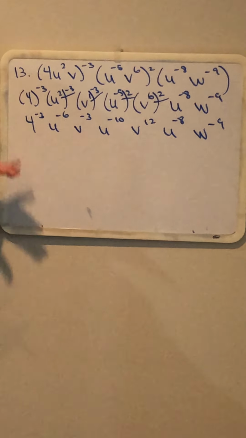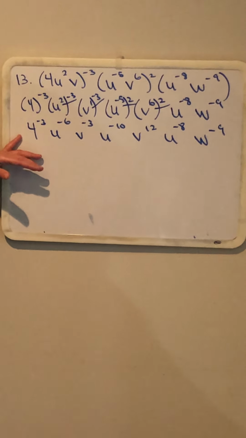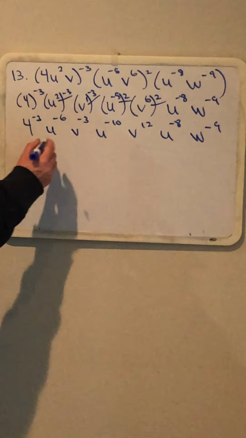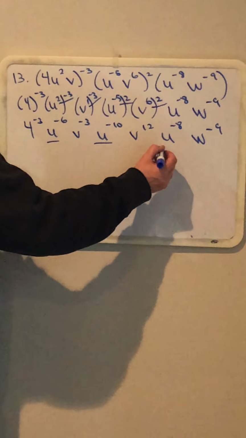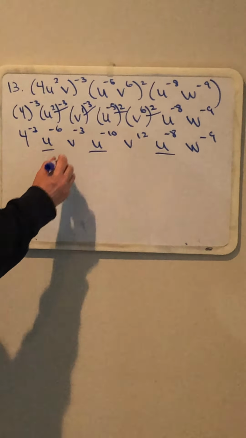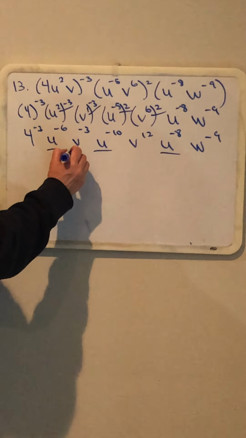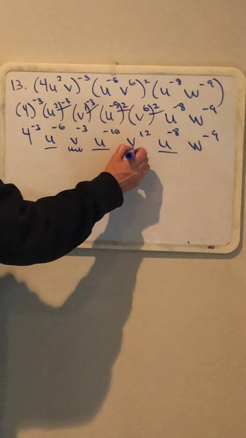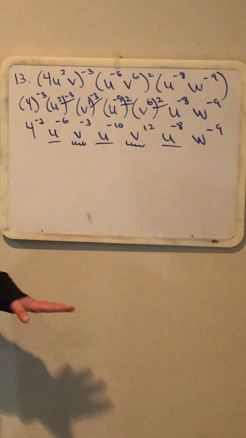Okay, from here, I'd probably leave the 4 to the negative third for now and deal with the fact that I have 3 multiplying u's, which means I'm going to have to add the 3 exponents, and I have 2 multiplying v's to add the exponents, and then w's out there on his own.